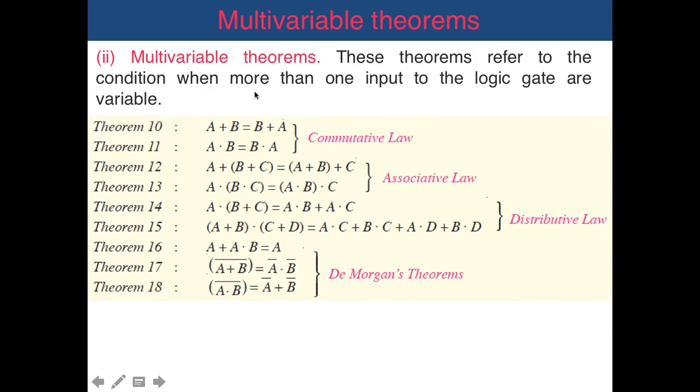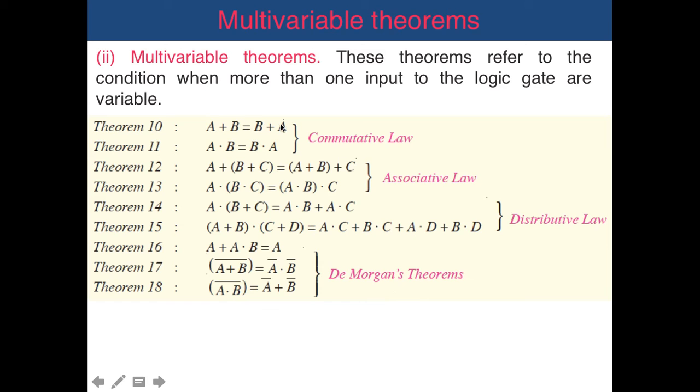Okay, the next one is multivariable theorems. These theorems refer to the condition when more than one input to the logic gate is a variable, like the commutative law, associative law, distributive law, and De Morgan's theorem.